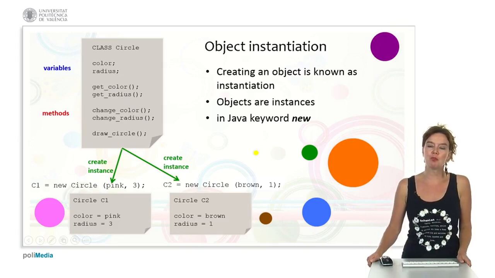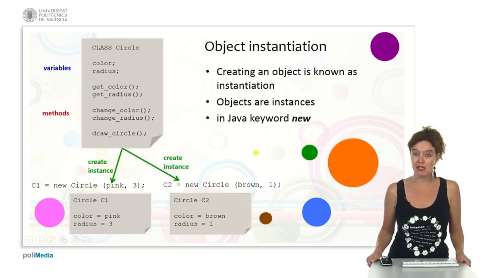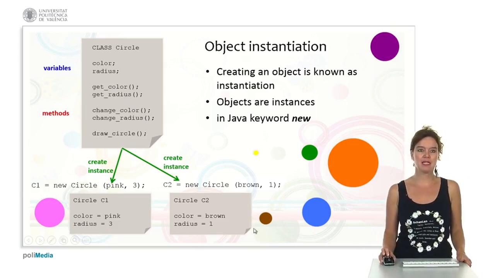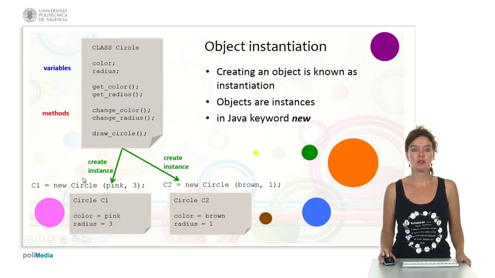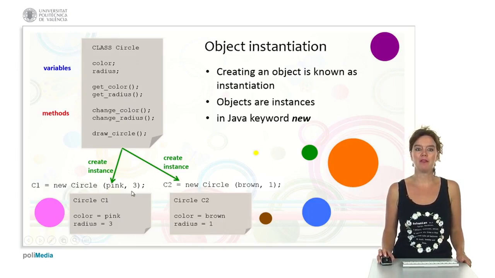In the object-oriented programming language Java, there's a keyword for that, which is new. Here below you can see it. If we have the class Circle, which is defined on the slide, and we want to instantiate this class by making a new circle, we say C1 is keyword new Circle, and we give the new state of this object as parameters, pink and 3.